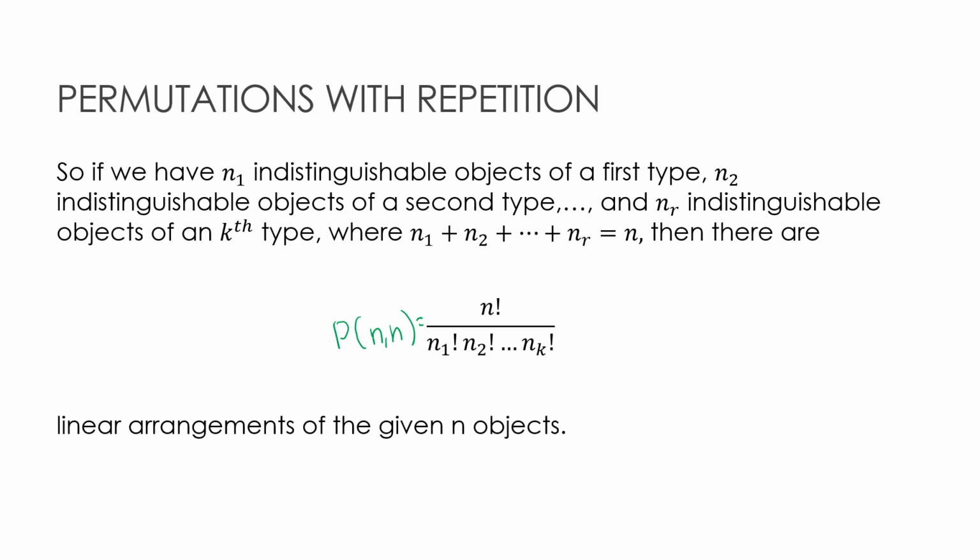In addition to dividing by n minus n factorial, which is 0 factorial, which I don't need to list, I would divide by whatever the value is of my set. So if I had 2 O's, that would be 2 factorial. If I had 5 F's, then it would be 5 factorial, because those are indistinguishable objects.